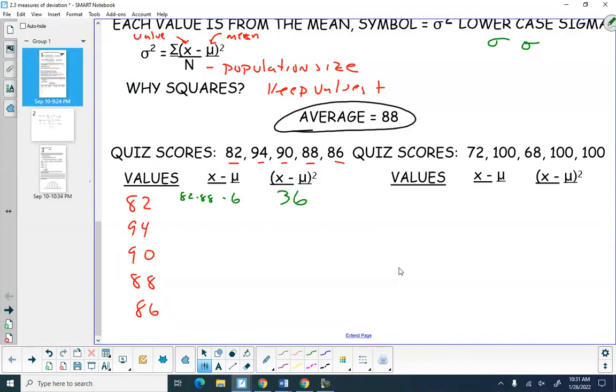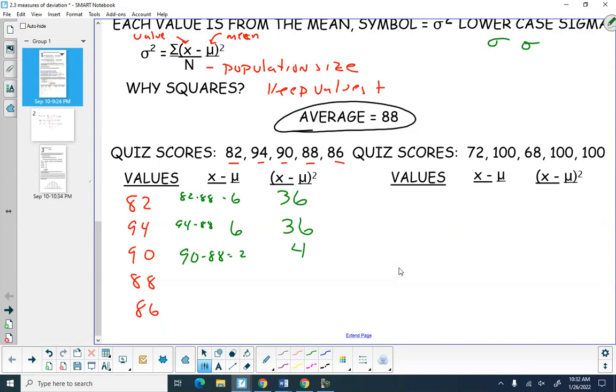Then we have 94 minus 88. So we subtract those two. We get 6 again. We square that to give us 36. 90 minus 88. We get a value of 2. We square that.